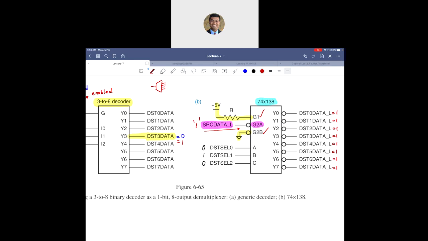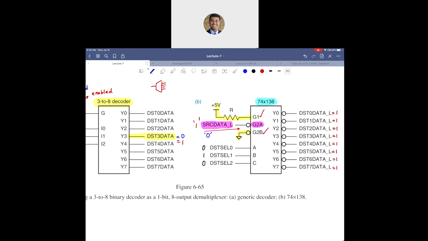Perfect. Now I'm going to change this to 0. What happens when source data underscore L is 0? Which output is going to be active? Y2. Only the output indicated by destination select. Yes, 010.